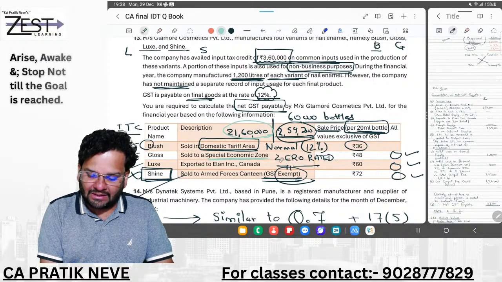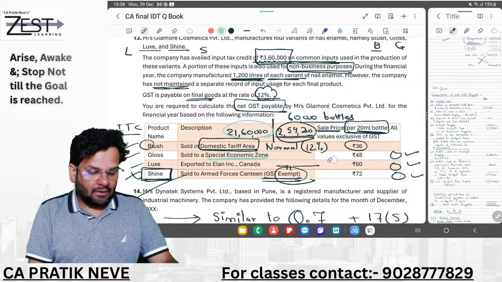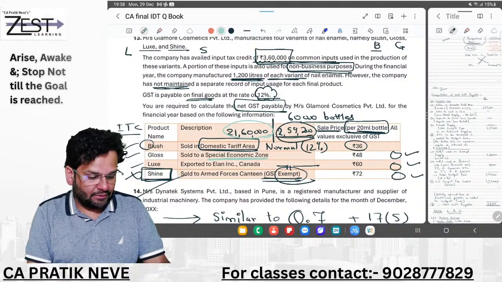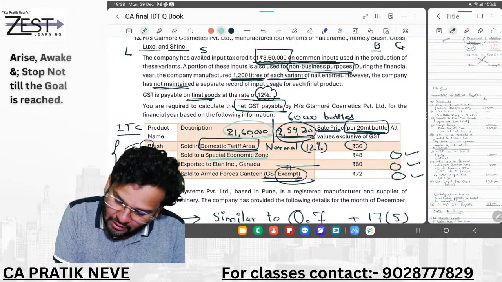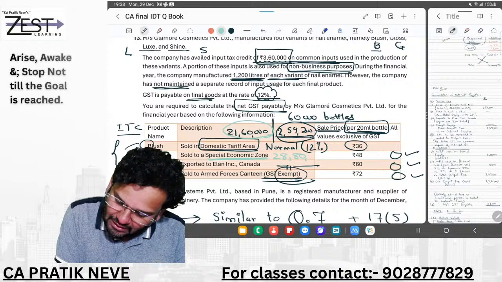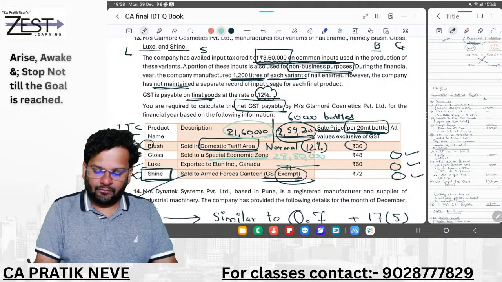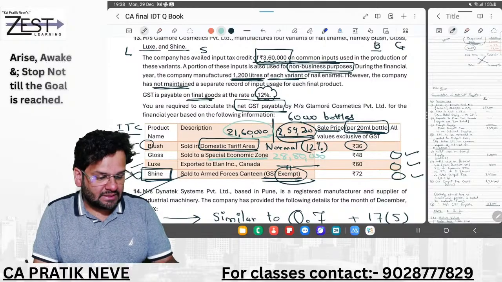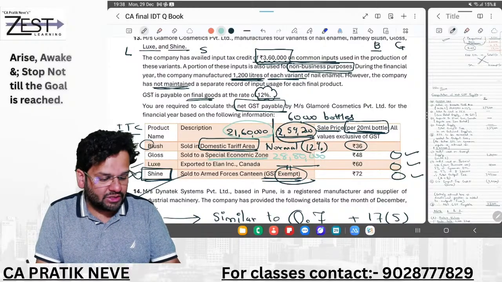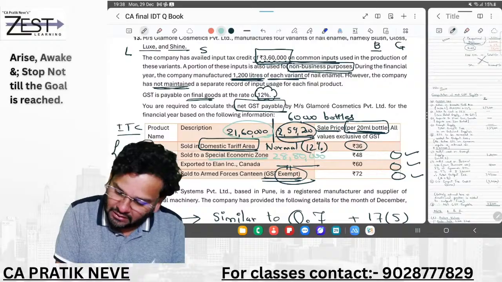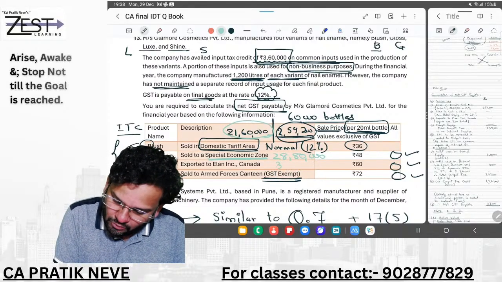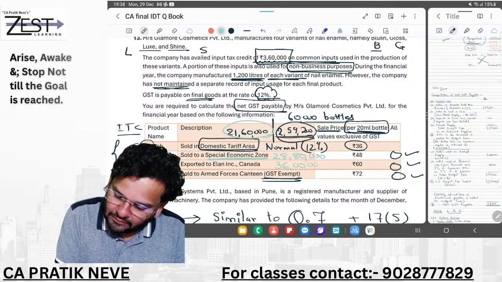So, take on your calci: 60,000 bottles into 48. So, are you getting 28 lakh 80,000? Then friends, 60,000 bottles into 60. Are you getting 36 lakhs? You must be getting 36 lakhs.